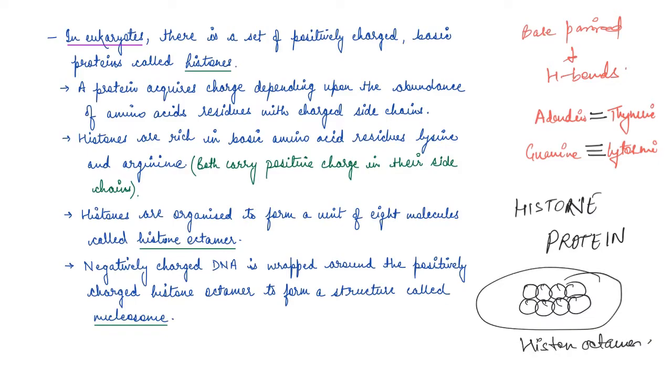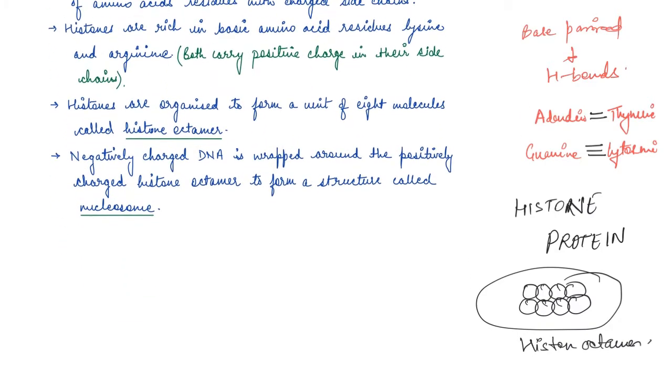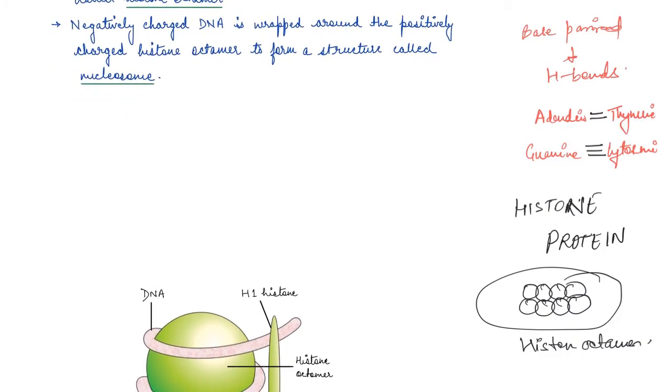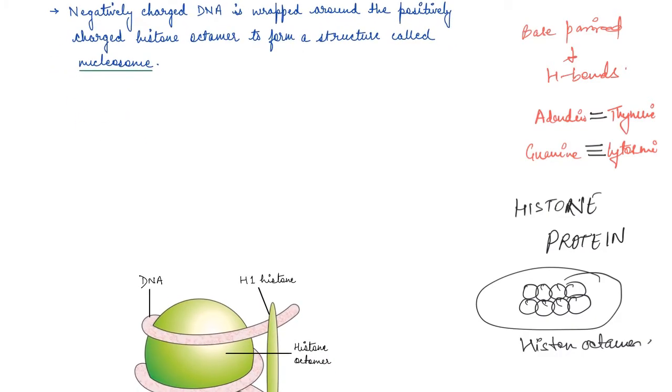Now the negatively charged DNA is wrapped around the positively charged histone octamer to form a structure which is known as nucleosome, right?